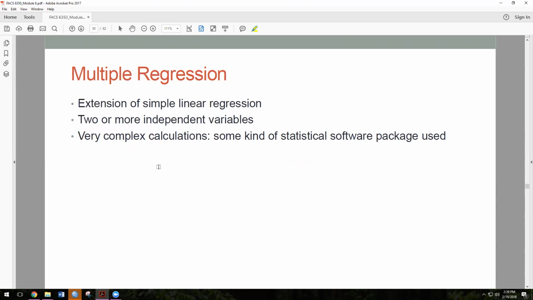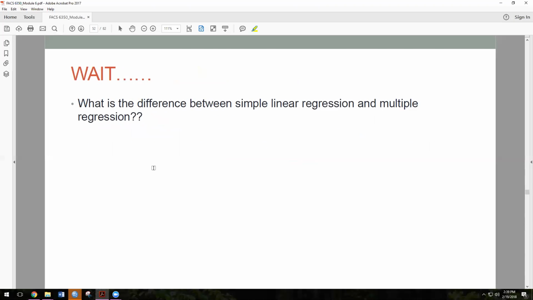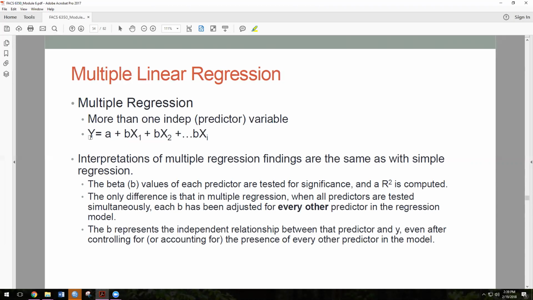So multiple regression has a lot of very complex calculations. And that's why we use a software package, because if we think about this equation where we have y equals a plus bx. So the bx1 is one variable, bx2 is another variable, bxi. So it could be n, nth to the nth b.